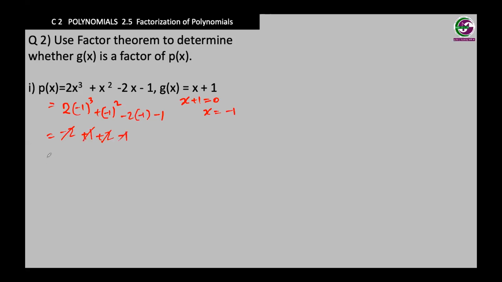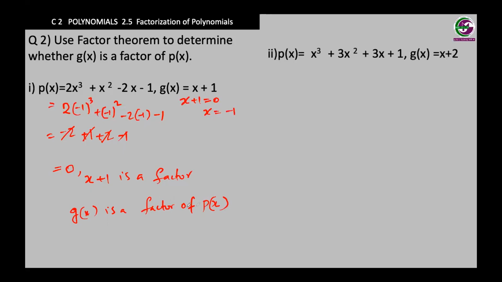So what do we get? We say that the remainder is 0. So x plus 1 is a factor of, or we can say g(x) is a factor of p(x). Easy? Excellent.